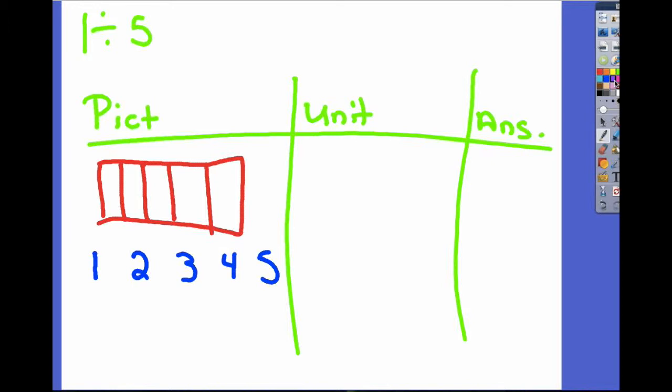Shade in 1/5. Okay, or you could just say there's one box. So one box here, one box here, one box here, one box here, one box here.